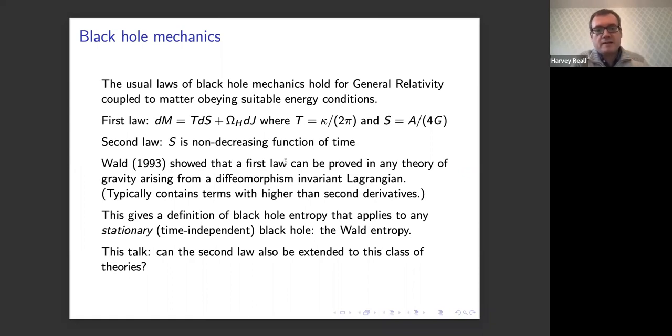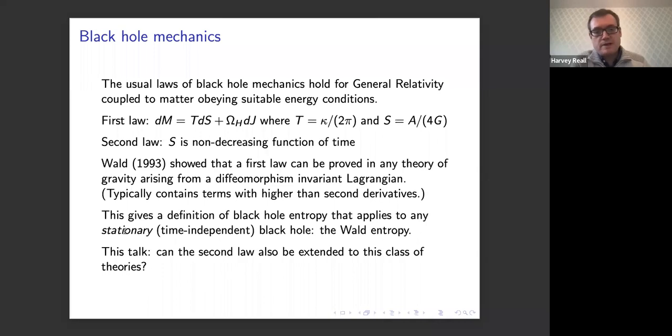So in particular, because he proves a first law, he has to present a definition of entropy that holds for such black holes. And so Wald's work gives a definition of black hole entropy for this class of theories, at least for stationary black holes, in other words, time-independent black holes. And that is the famous Wald entropy.